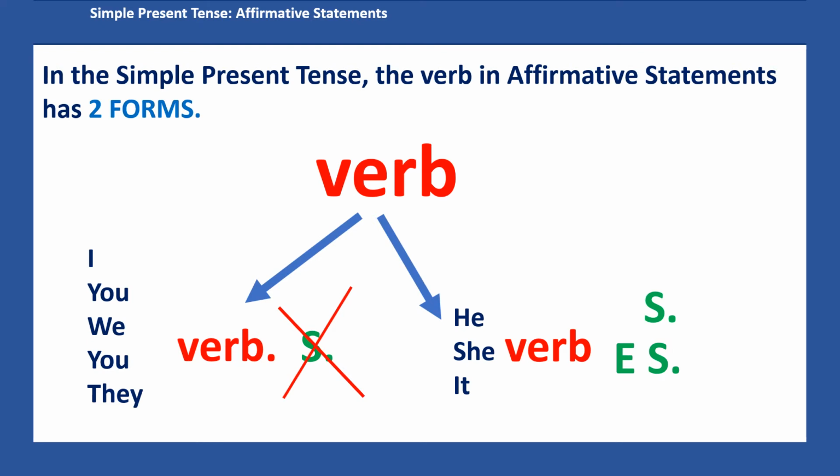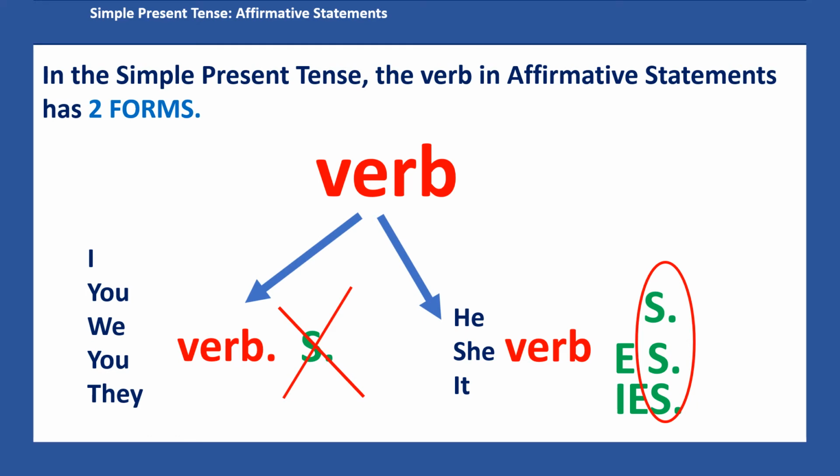So you're going to learn the spelling rules of verbs with he, she, it in affirmative statements. So we say, he watches TV every day. She watches TV every day. And sometimes you write it with IES at the end of it.